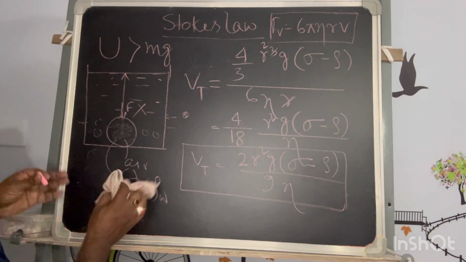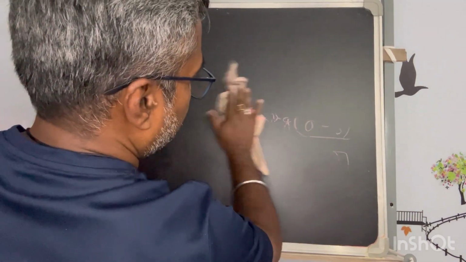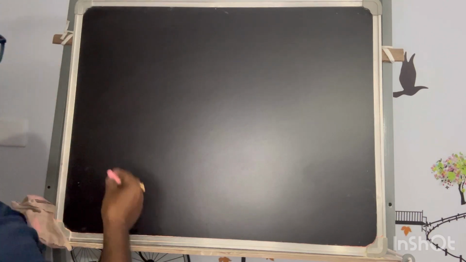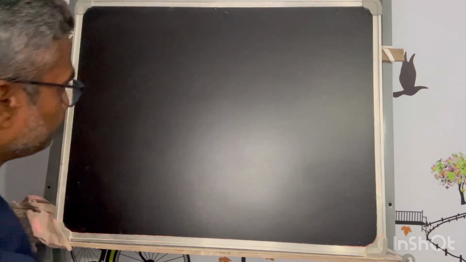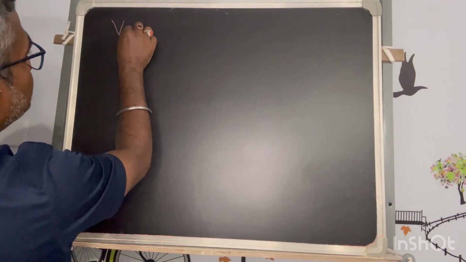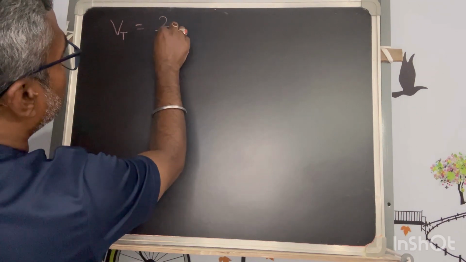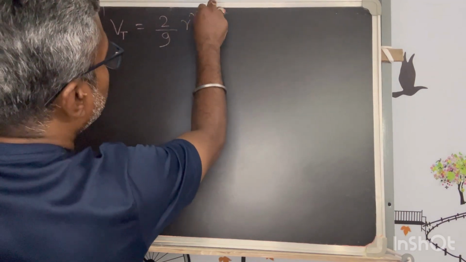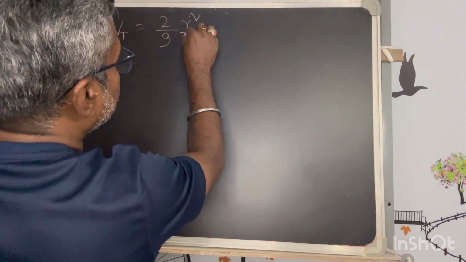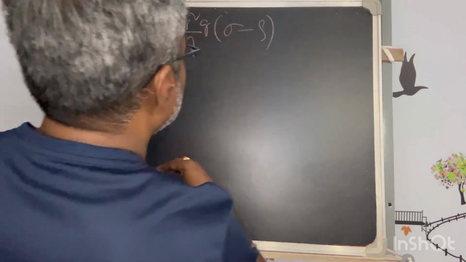Now, one last thing that may be useful. The formula of the terminal velocity is 2 by 9 r square into, what are the things below, eta, g, rho minus sigma, or sigma minus rho.